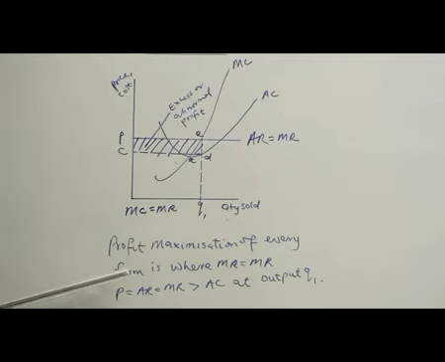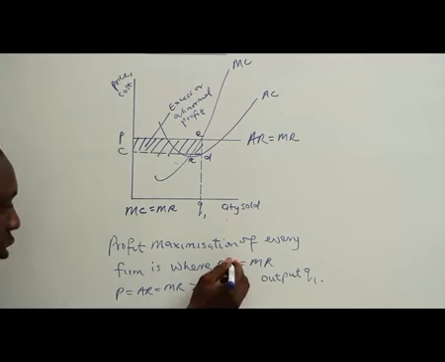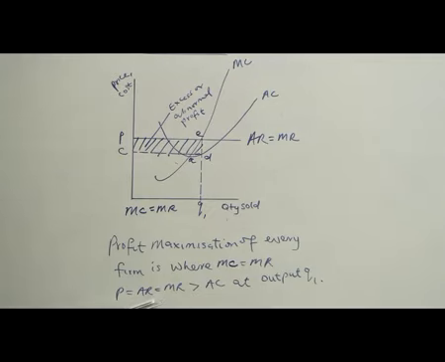Now, profit maximization of every firm is where MC equals MR. So that is P equals AR, equals MR, greater than AC at output Q1. Or we say MC equals P equals AR equals MR greater than AC at point Q1.